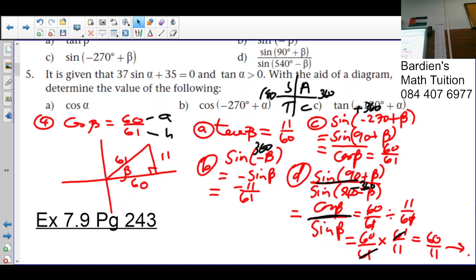You see, we only do trigonometry when we're busy with trigonometry. You know what I'm saying? Like when we're busy with geometry, we're doing some algebra. Not so? When you're doing graphs, you're doing algebra. You guys understand? Whereas trigonometry, you're only doing trigonometry.